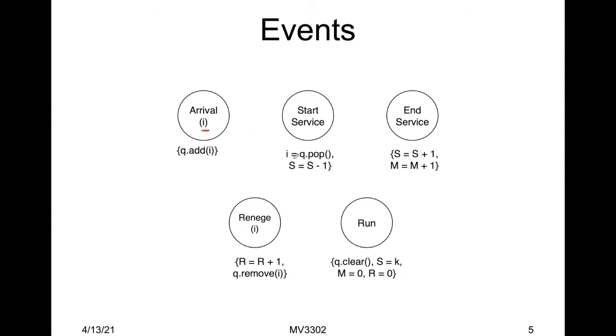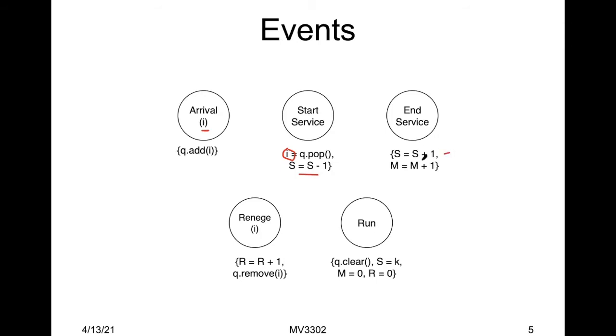Now, when I start service, I pop that customer off, which removes it from the queue, so the size of the queue goes down by 1. I also decrease my available servers. That's fairly typical.